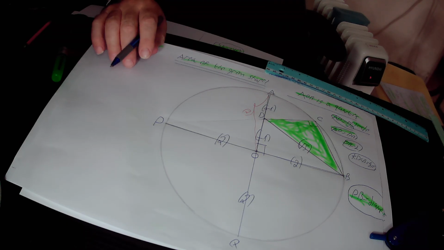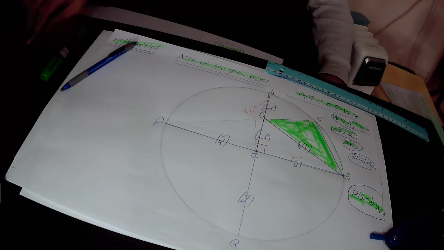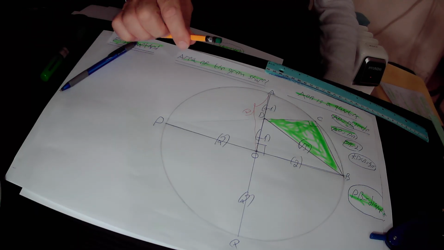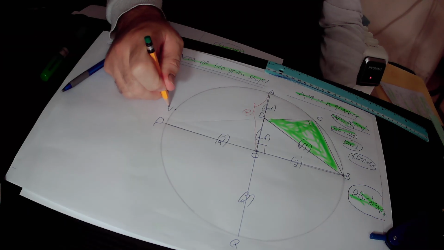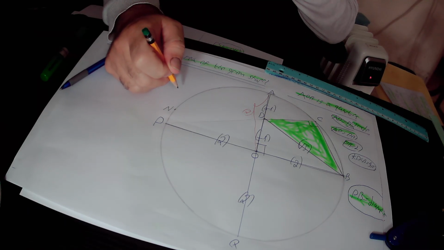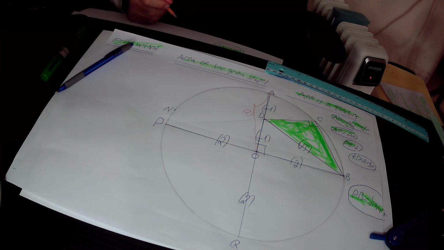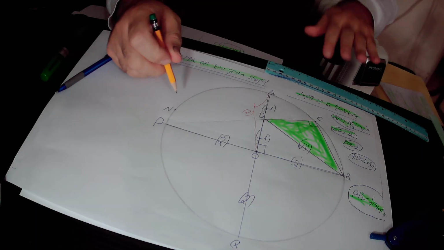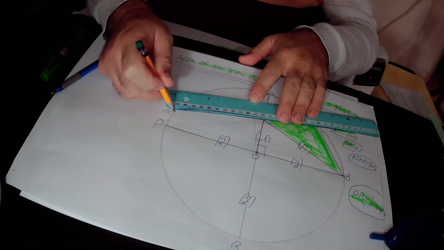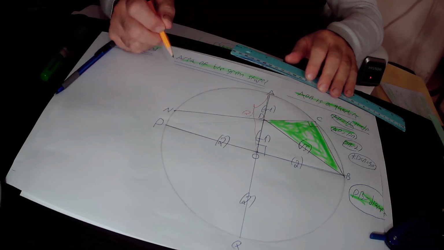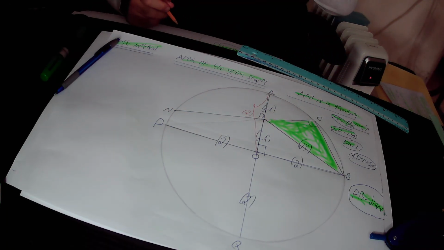For example, we will assume that the extended side CD will touch the circle at this point that we define as point N. So in the drawing we have peripheral angle BCN. This is peripheral angle BCN. That equals 90 degrees inside.